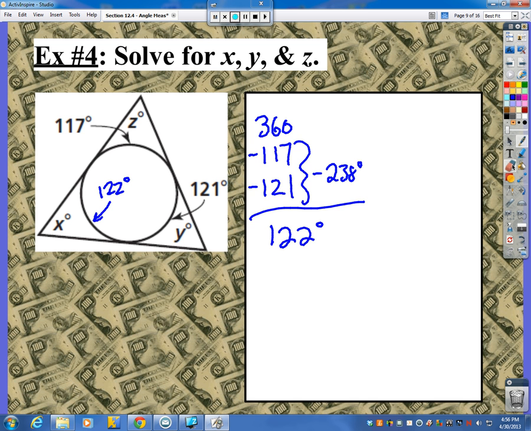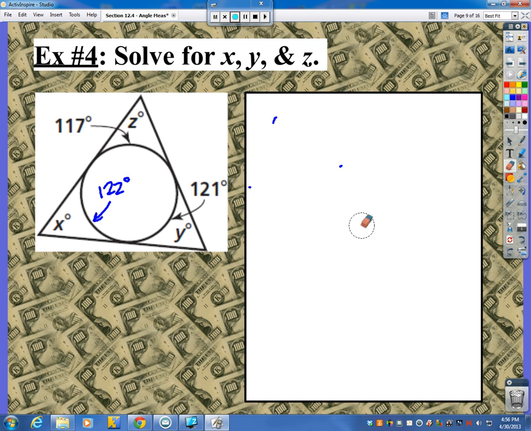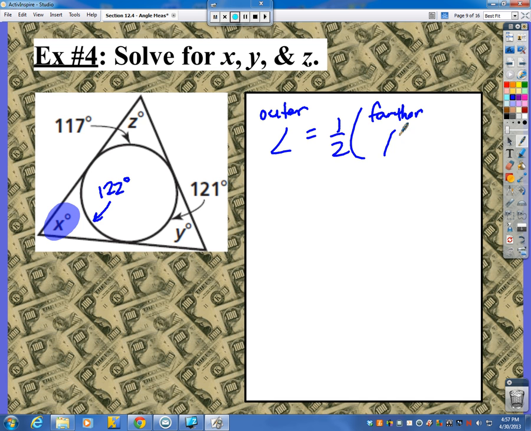Okay, so now let me clear this, get some more room here. Angle X, where's it located? It's outside of the circle. So chances are we're going to be using that outer angle is equal to 1/2 of the farther arc minus the closer arc. So our outer angle is x.